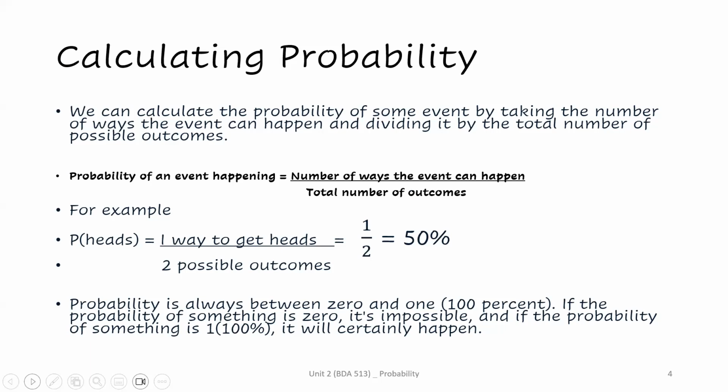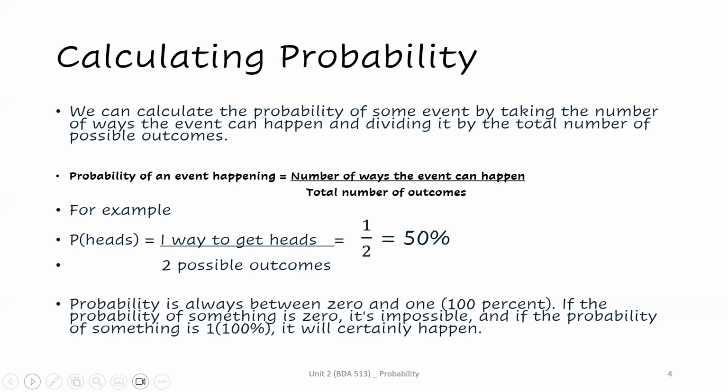The total number of outcomes is 2, and one way of having heads. Therefore, the probability of getting a head when you toss a coin is 1/2, which works out to be 50% of the total outcome, right?